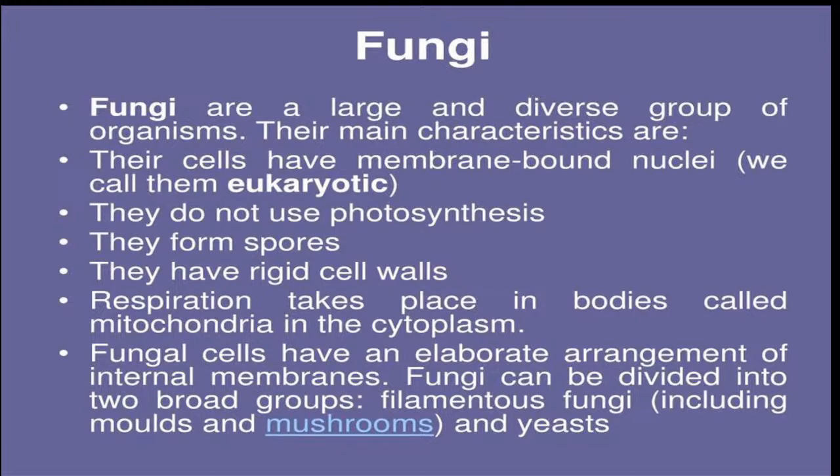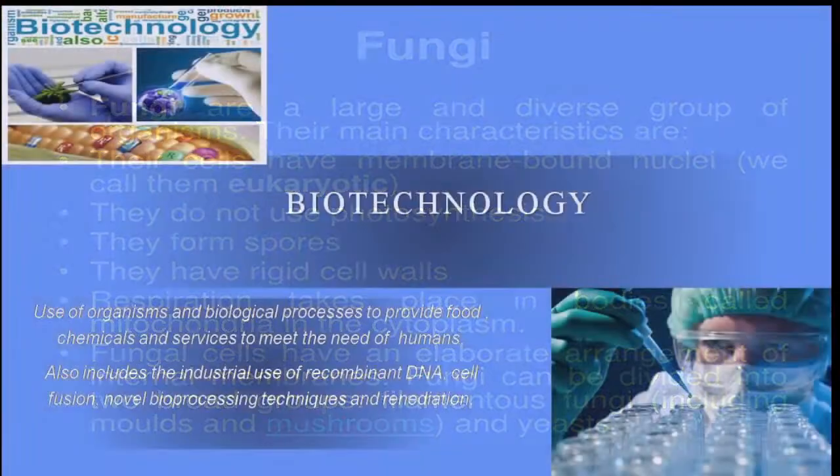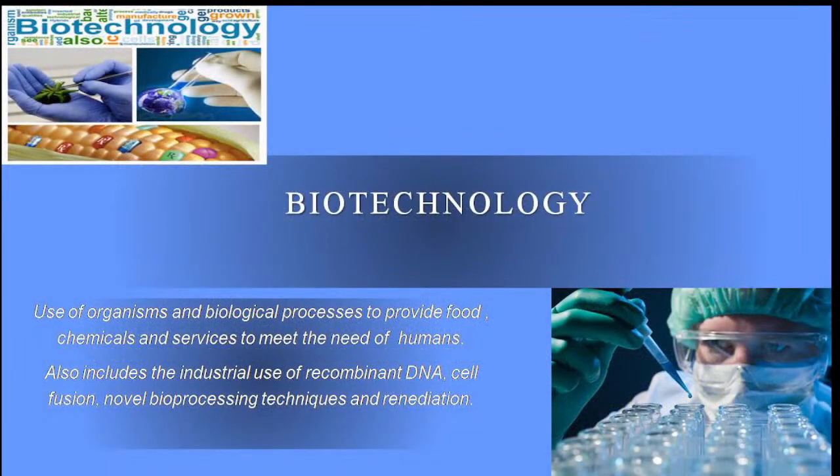Mitochondria, we know well, are the energy source or powerhouse of the cell. Then fungal cells have an elaborate arrangement of internal membranes. Fungi can be divided into two broad groups: filamentous fungi, which include molds and mushrooms, and the other one, yeasts. Now this is all about what we know about fungi.